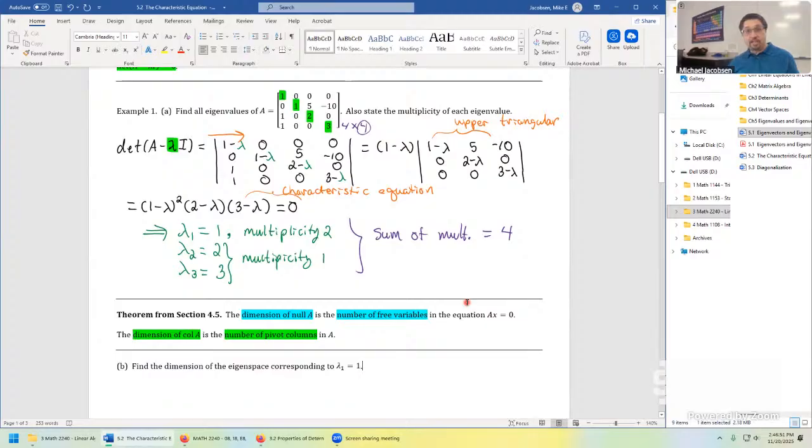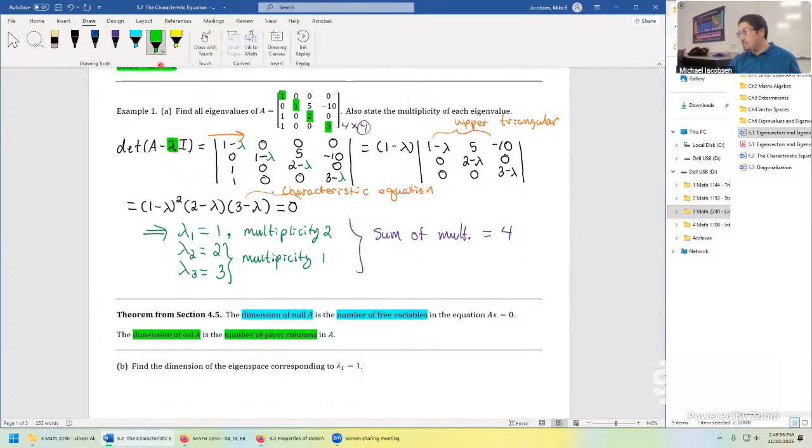We have a slightly different equation, but it's going to be the same concept. When it says eigenspace corresponding to lambda 1 equals 1, we mean null of A minus 1 times I, where the 1 comes from that eigenvalue.